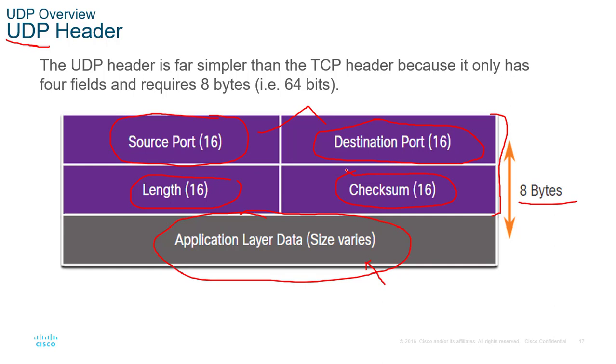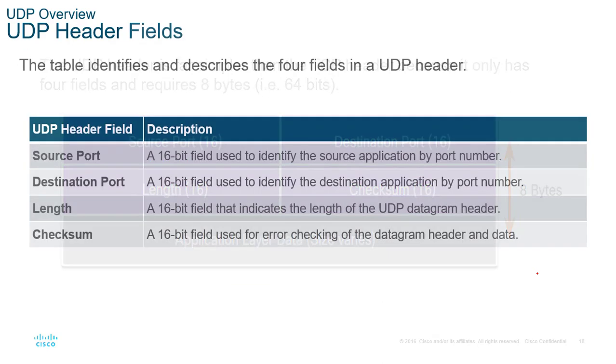But that's it. So you don't see any windowing, no sequencing, no acknowledgments. All of that is foregone, and we're looking for low overhead, low delay, and best effort delivery.